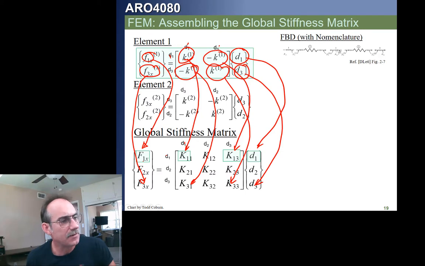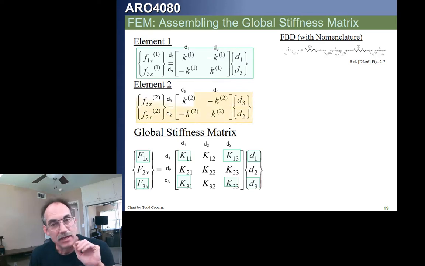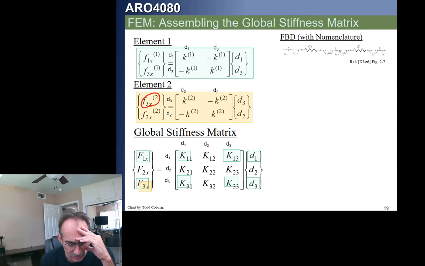Let me erase the ink on the slide. And we then see that's this. This guy goes down there, this guy goes down there, and this guy goes down there. You see how that works? Now let's see how the second element populates the global stiffness matrix. If we color this one this orangish color, we're going to see our first term goes here. What that means is this term here is at node 3, that goes there, the force at 3.